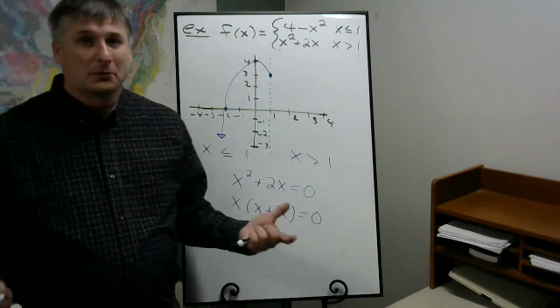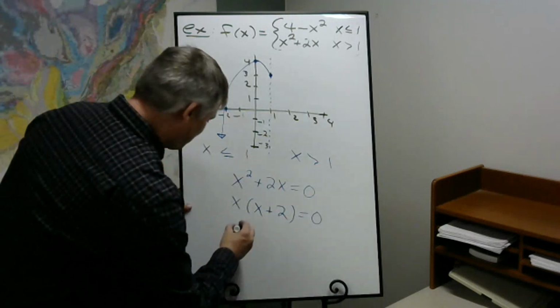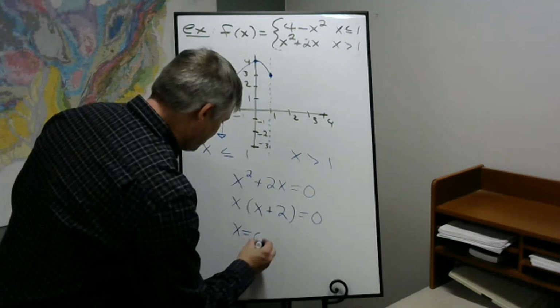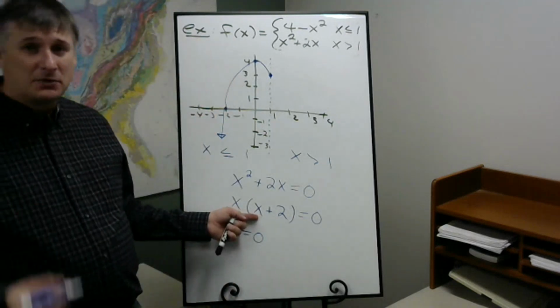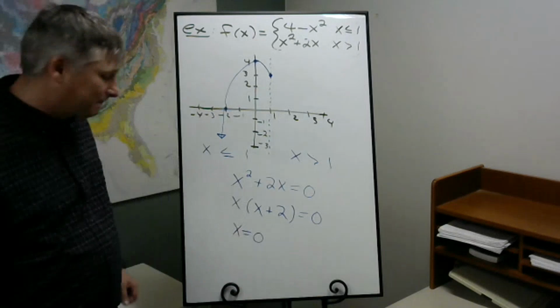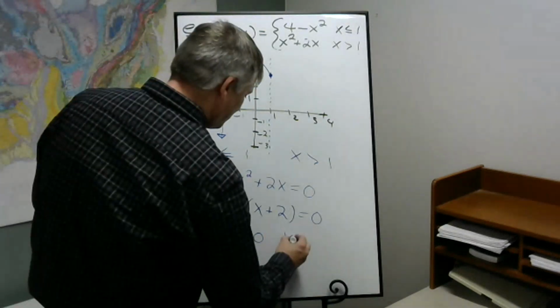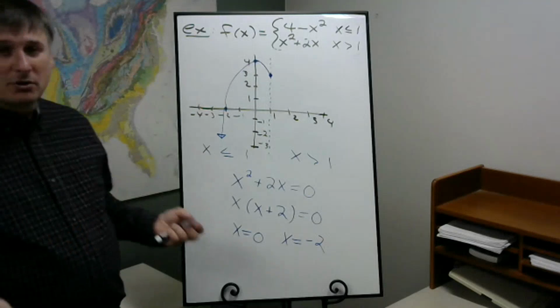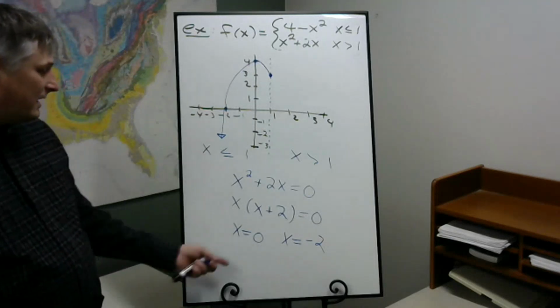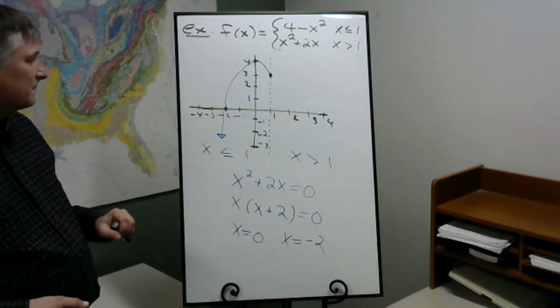This is 0, of course, when x is 0. This will be 0 when x is -2. -2 plus 2 is 0. So this is going to cross the x-axis at these two locations.